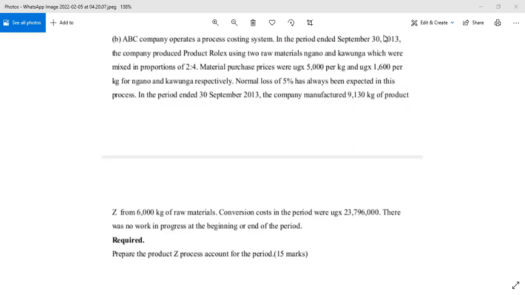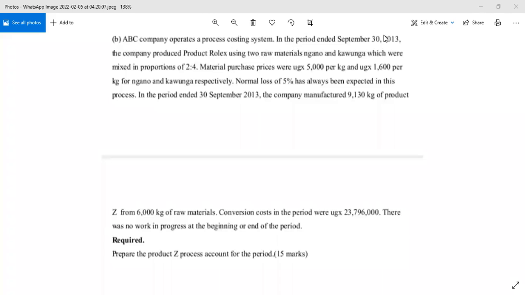In the period ended September 30th, 2013, the company produced product Z using two products. We have Ngano, then we have Kaunga. These are the products that you have, which were mixed in the proportions of 2 to 4. Meaning that for every 2 units of Ngano, there should be 4 units of Kaunga.